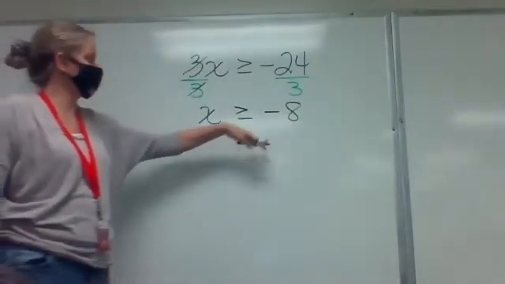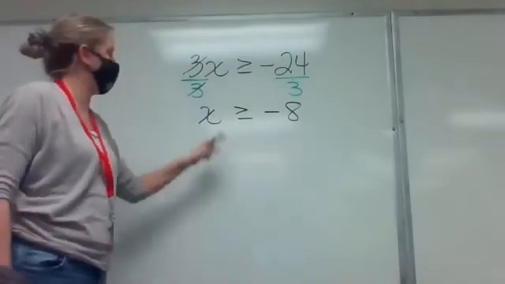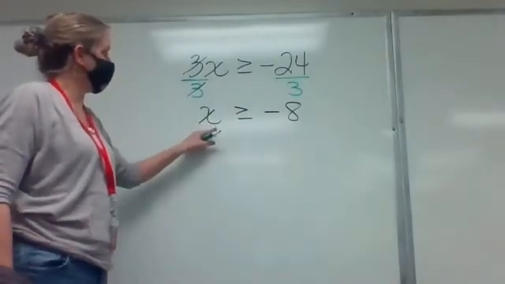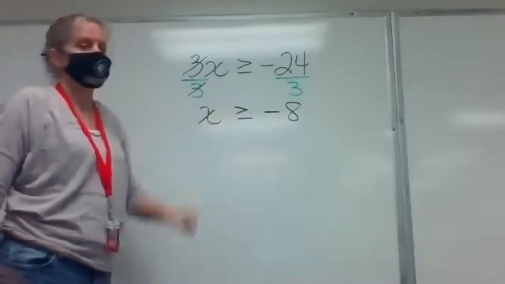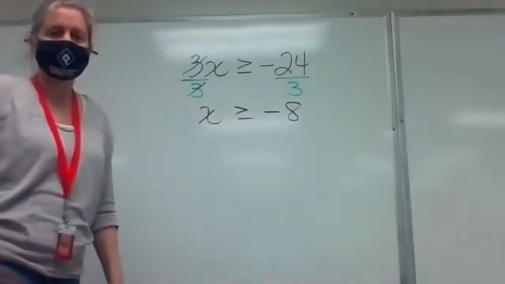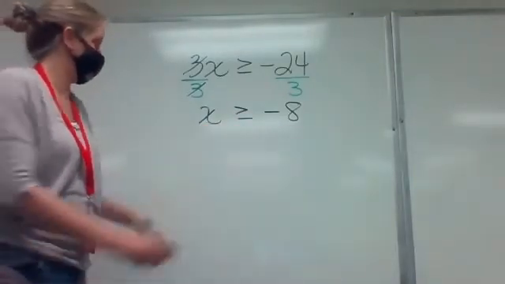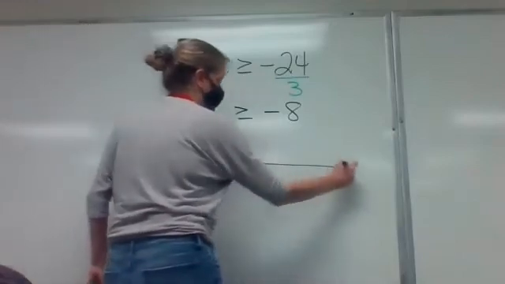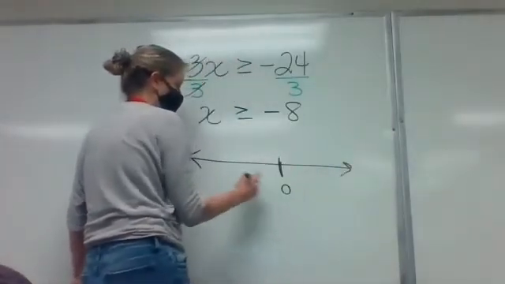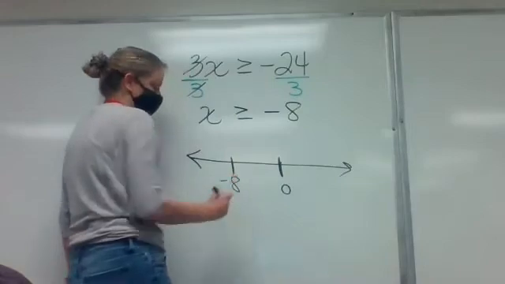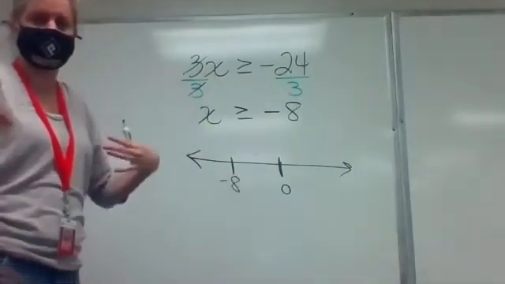So x is alone, so here's what I'm going with on my number line. I'm going to draw where x is greater than negative 8, or equal to. So if your 0's in the middle, negative 8 is to the left of it, right? All the negatives are on this side of 0.